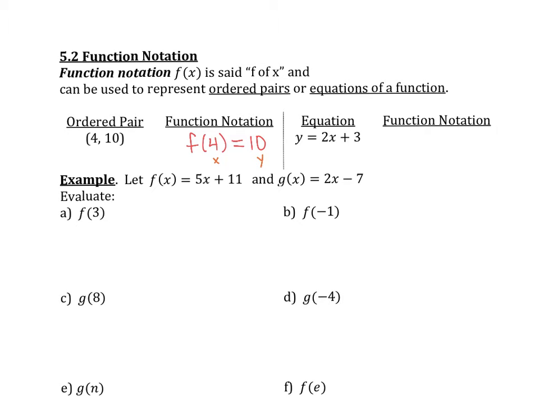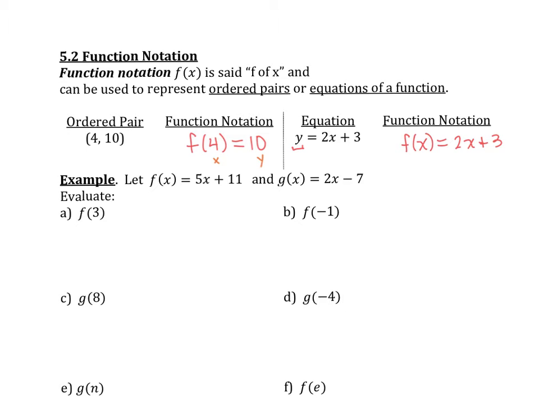If I'm doing an equation of a function, y equals 2x plus 3, where the y is, I change that to f of x to use function notation. So instead of y equals 2x plus 3, I would say f of x equals 2x plus 3. The function notation just represents the y, but you can specify the rule.